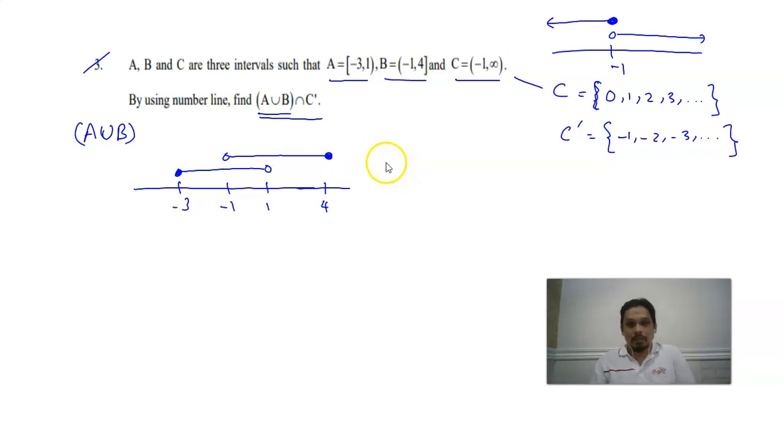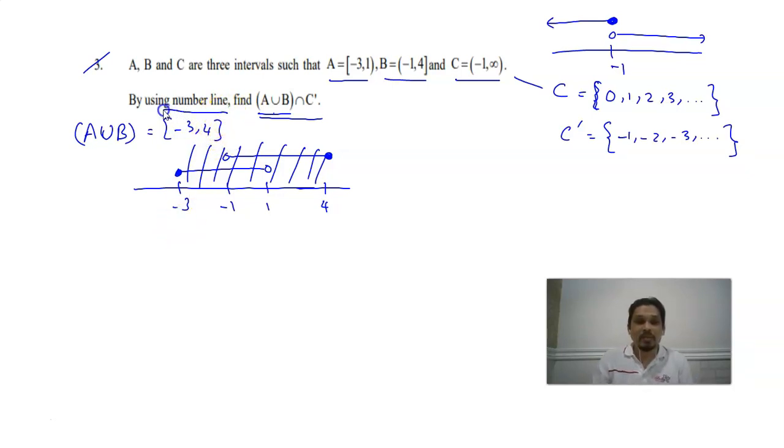Okay, so the first part of this, A union B. Union means all. Whether it's a single line or double line, intersecting each other or single line, take them all. Okay, so A union B, we take them all here. Then it is from -3 until 4.